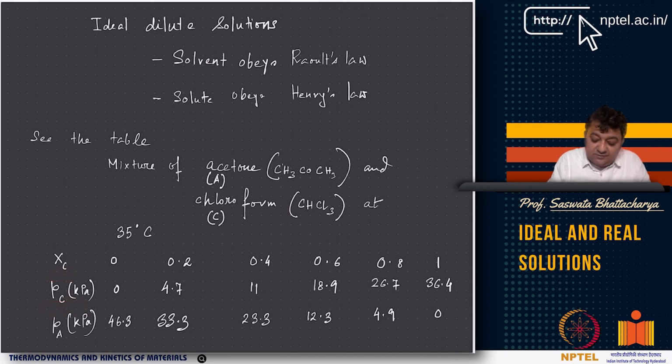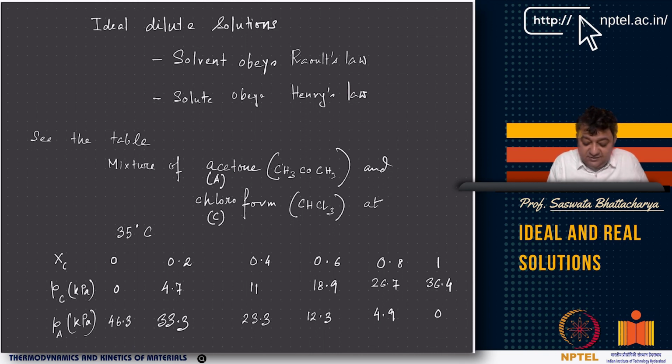You can see the composition of chloroform is increasing from 0 to 1, and there is a corresponding increase in the partial pressure of component C, from 4.7, 11, 18.9 and so on. And as the concentration of C increases, PA changes from 46.3, then 33, and then goes to 0 when X equals 1. So A, acetone, falls.